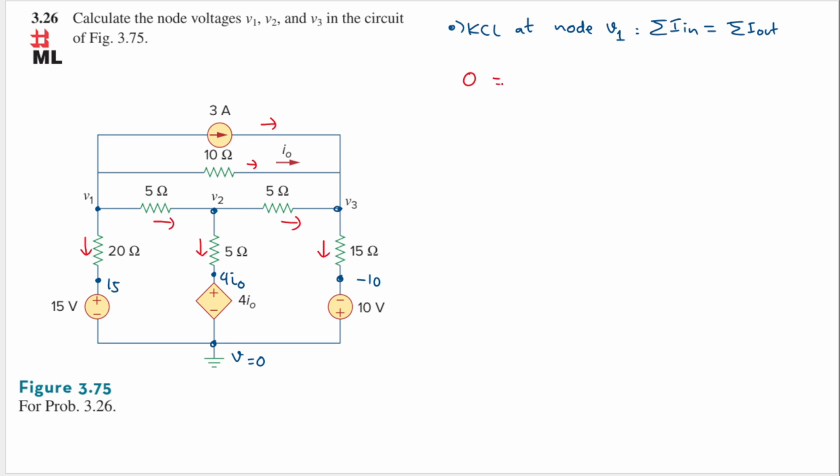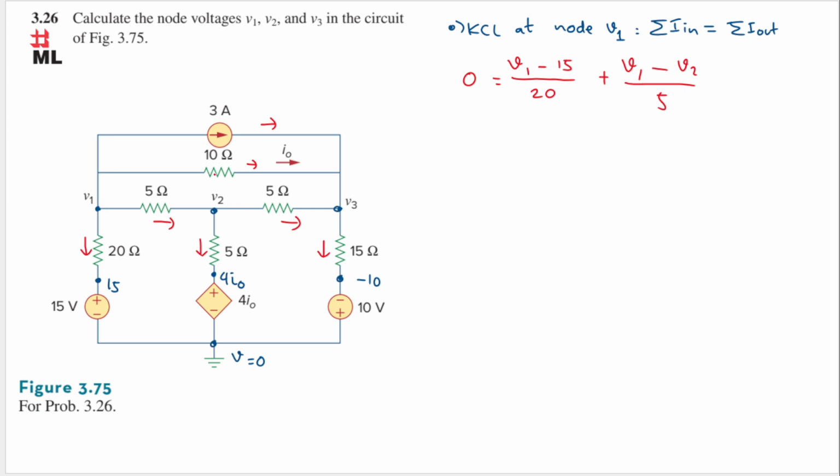And then on the right-hand side, I will have this current here, which is V1 minus this node here, which is 15, divided by the resistance between them, which is 20. And then this current here, so I will have plus V1 minus V2 divided by 5.